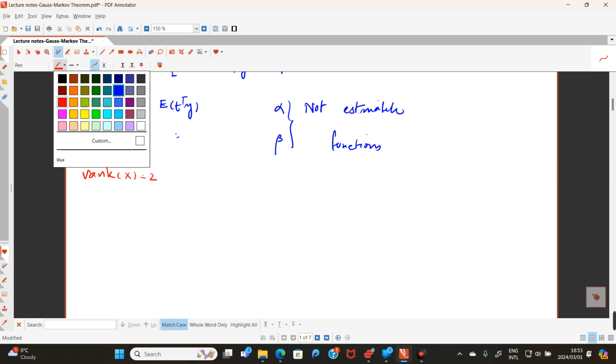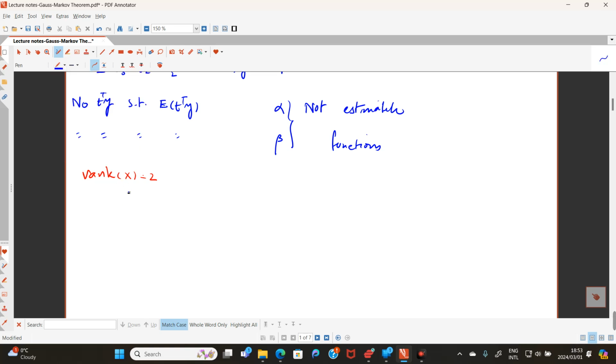Let's work with this. And then the augmented matrix. If I construct the augmented matrix, it is q prime x, which means that I consider a vector q.